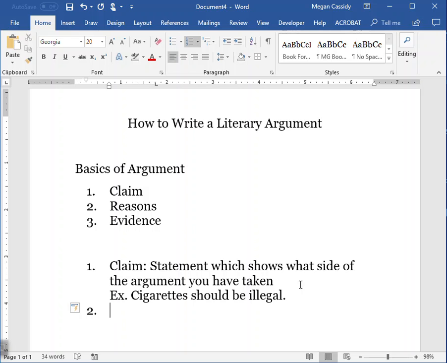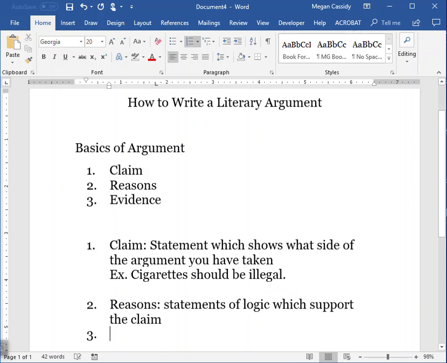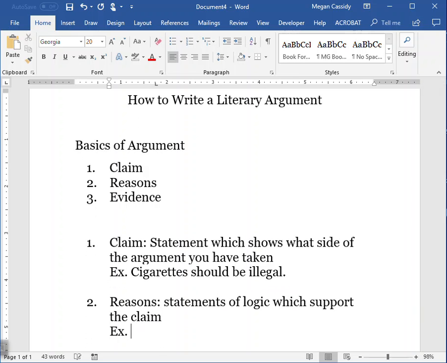So the second part of the argument are the reasons. And reasons are statements of logic which support the claim. A lot of times you can think of adding the word because on here.